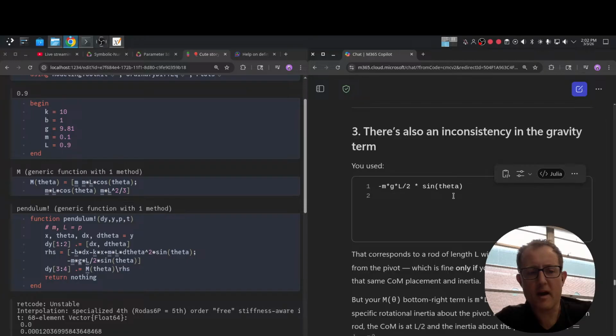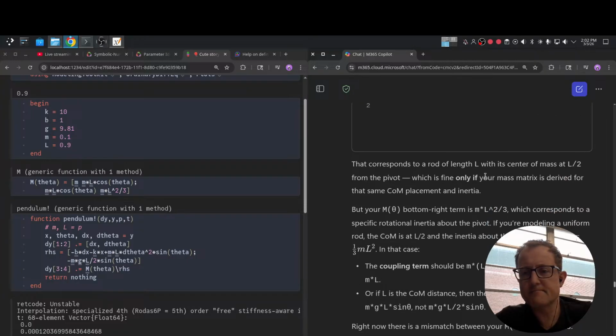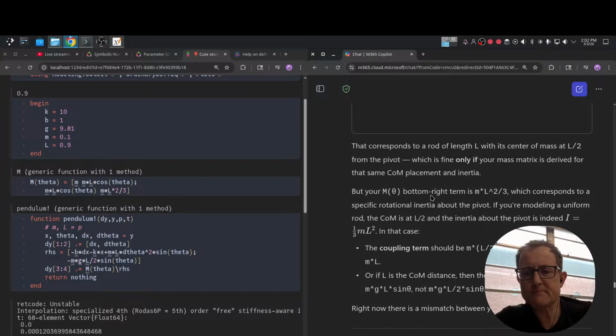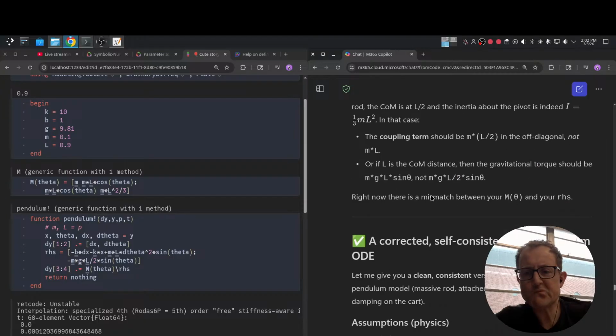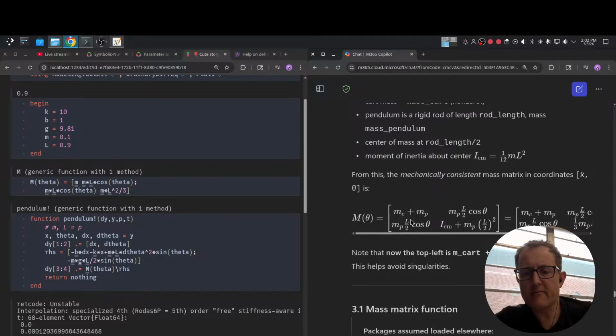Inconsistency in gravity. Why is that? But I don't have a mass of the cart. The cart is 0.